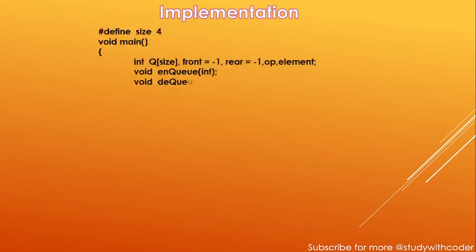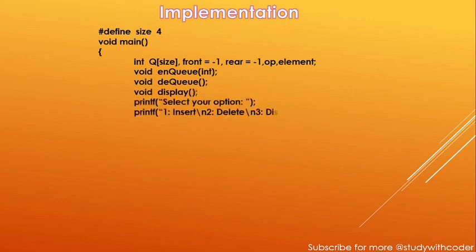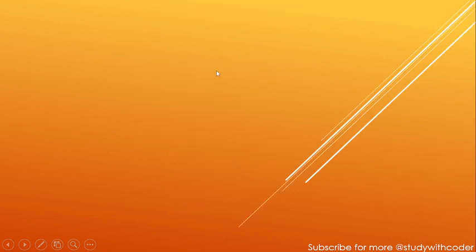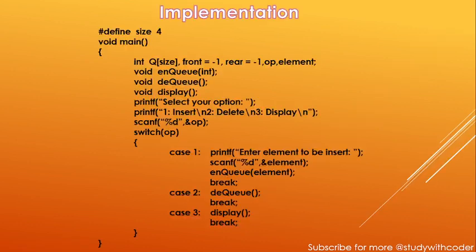So, the implementation of a queue. As we know the code, you can see here we #define SIZE 4 as the queue size. Front equal to -1, rear equal to -1.